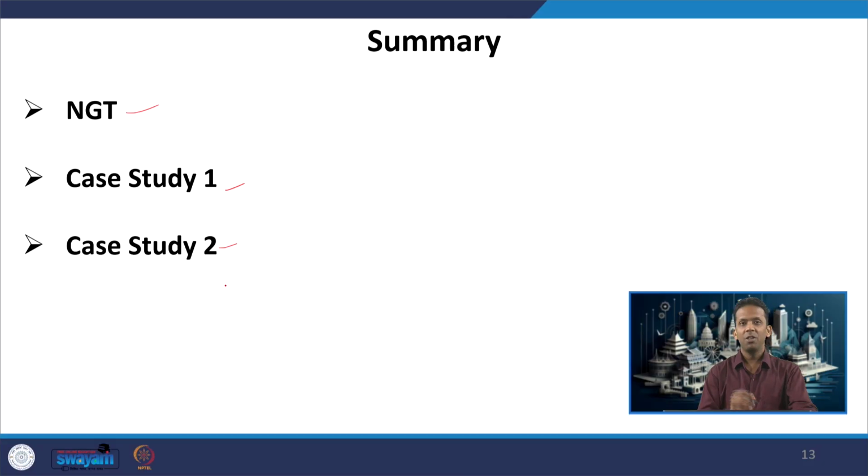And finally, we saw how NGT can work aligning with the goals of the ministry as well as the Supreme Court. So, MoEFCC, even though it is a funding body or an administrative body for NGT, NGT can reject the clearances given by the ministry to different projects if those projects are not environmentally sound.